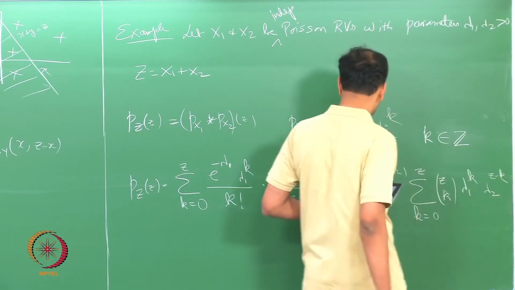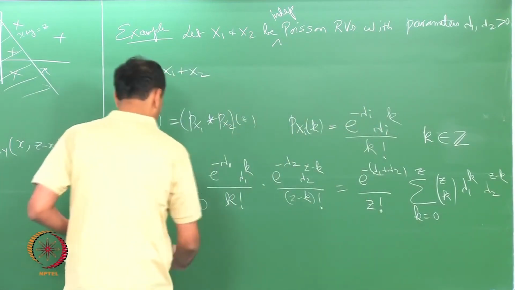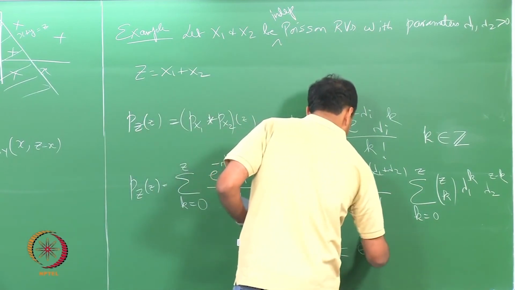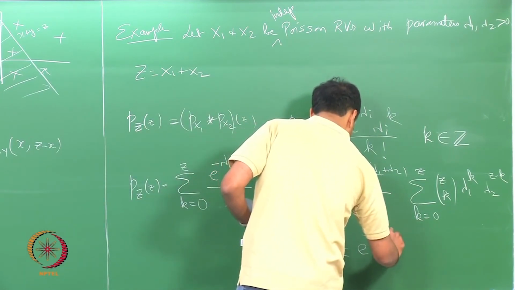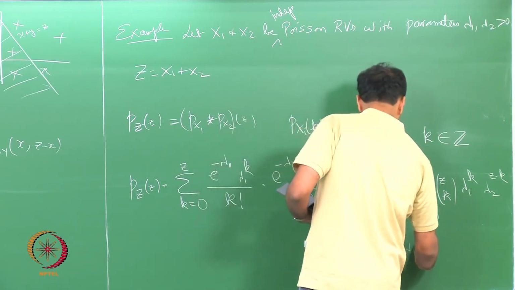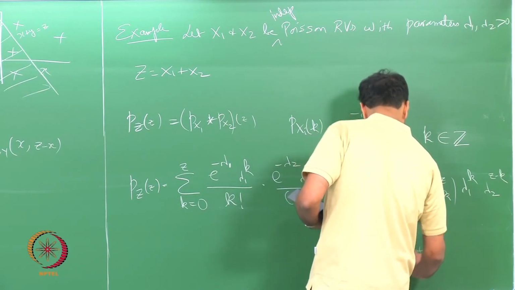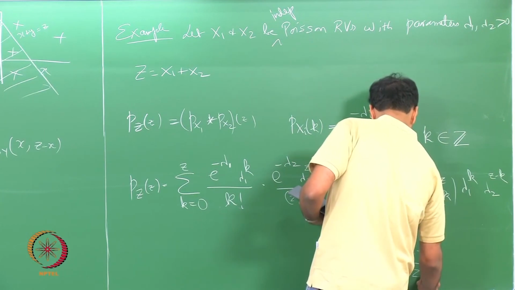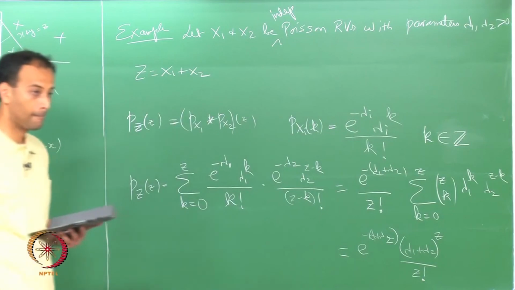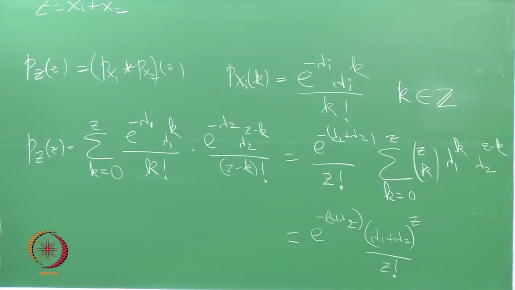I am just looking at z in integers. So, if you just write this out, this will become e power minus lambda 1 plus lambda 2, lambda 1 plus lambda 2 power z over factorial z, which means you get another Poisson.